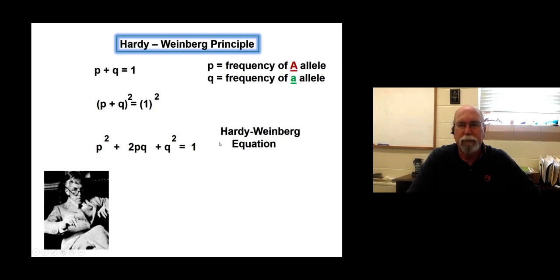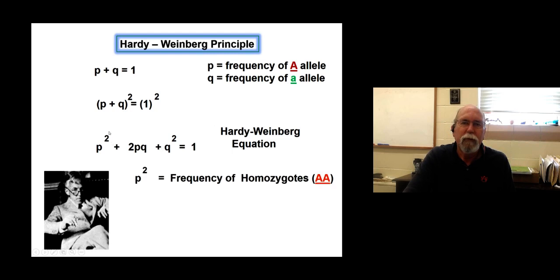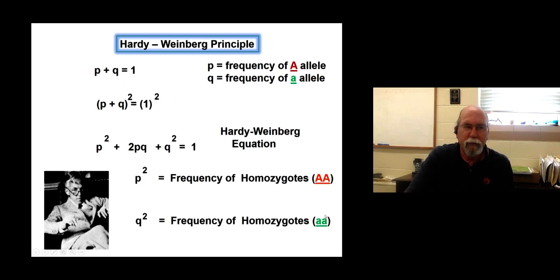What do these relate to in genetics? Well, p squared is the frequency of the homozygotes in the population, one homozygote. q squared turns out to be the frequency of the other homozygote. Traditionally, p squared has been the dominant and q squared used as the recessive. It doesn't really matter, but traditionally in working problems, you'll just use q squared as your recessives.